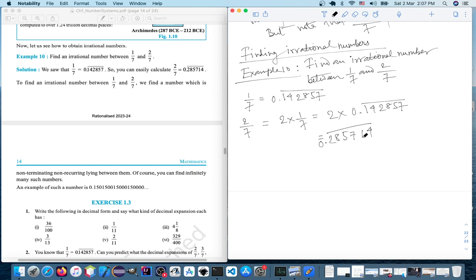To find an irrational number between 1 by 7 and 2 by 7, what we do is take any number that will lie between these two, but there will be no repetition of digits, and it will have an infinite number of digits.